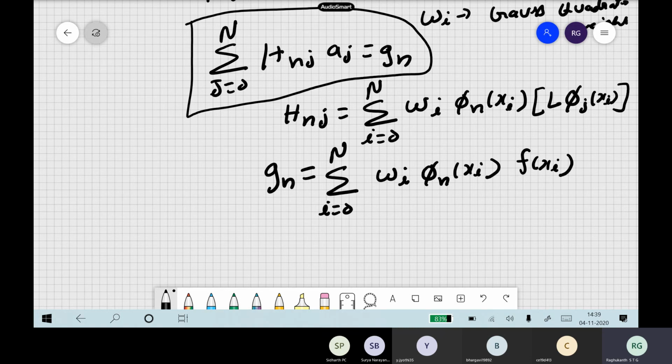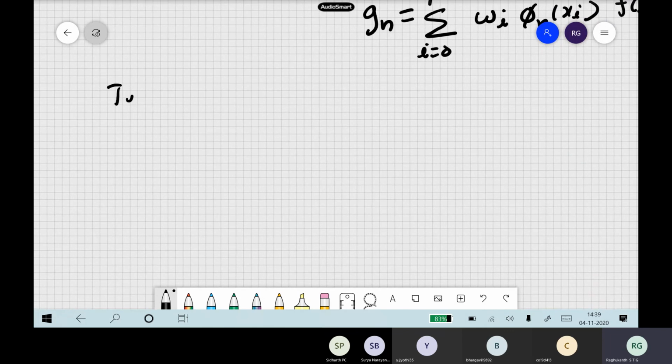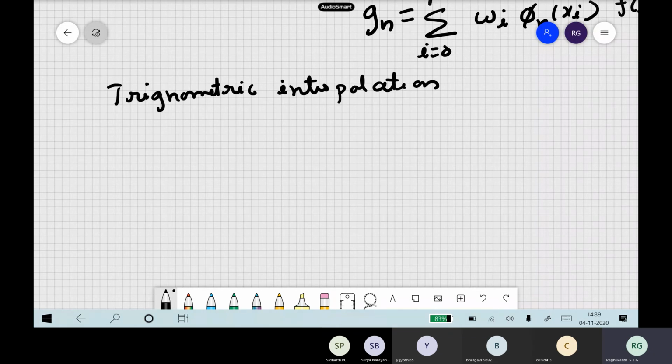Now, just for completeness, we are doing trigonometric interpolations here. I have shown you the ordinary one.